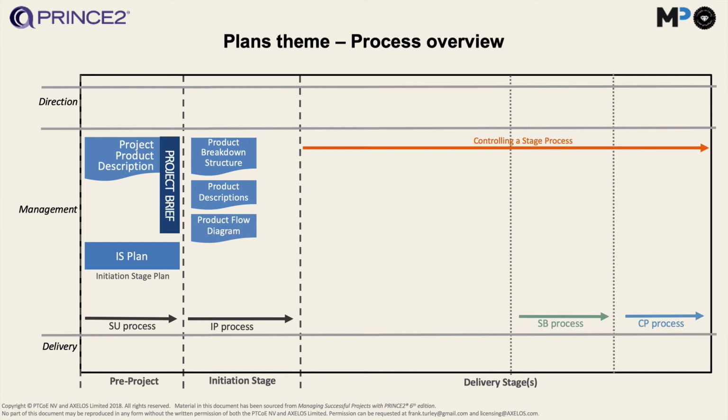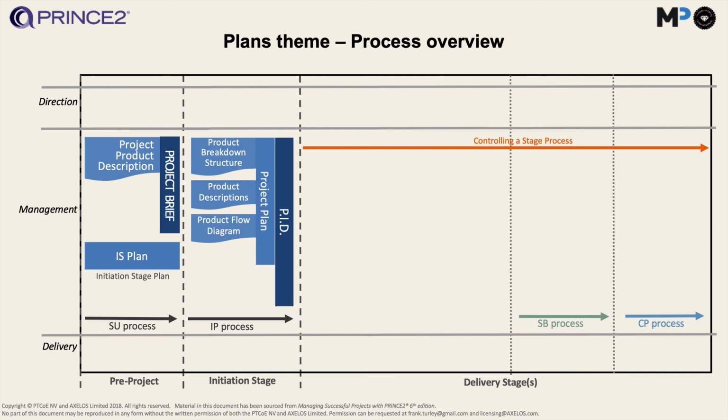Now, I'm not a big fan of this, but PRINCE2 puts this down as one of its deliverables. But for me, it's much better just to list the product names into something like a Gantt chart and then show the dependencies between each product and when they can be created during the project. So that counts as a product flow diagram as well, if you wish, because it's the easier way to do it and share the information.